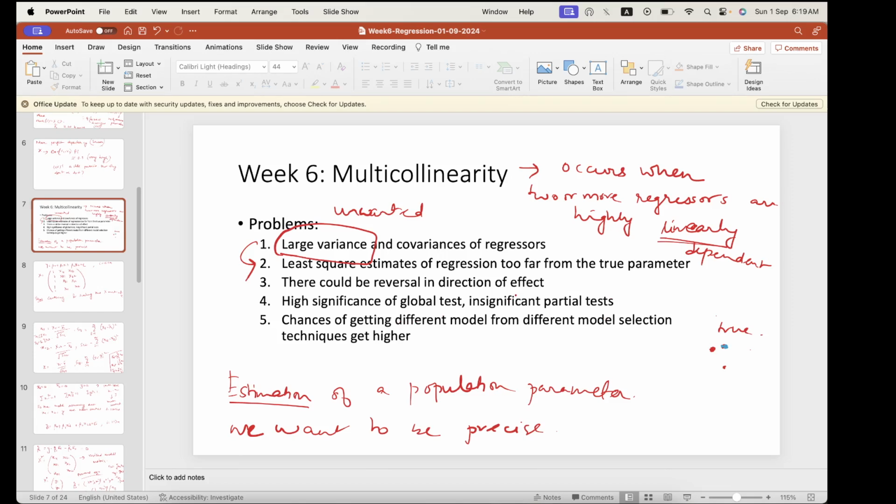And the next thing is that if we do have multicollinearity, there are chances that the global test is significant but partial tests are not, and then the chances of getting a different model from different model selection techniques also get higher.